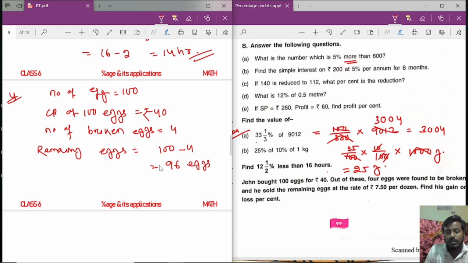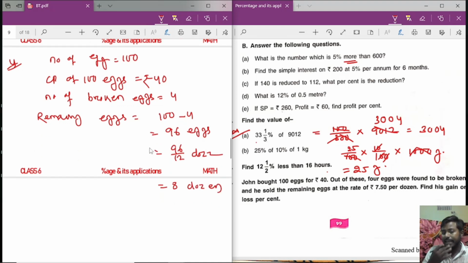Now this can be converted into dozen. 96 eggs, we can write 96 by 12 dozen. Yes or no? That is 8 dozen. Now the remaining eggs are sold at the rate of 7.5 per dozen. So sold means SP.